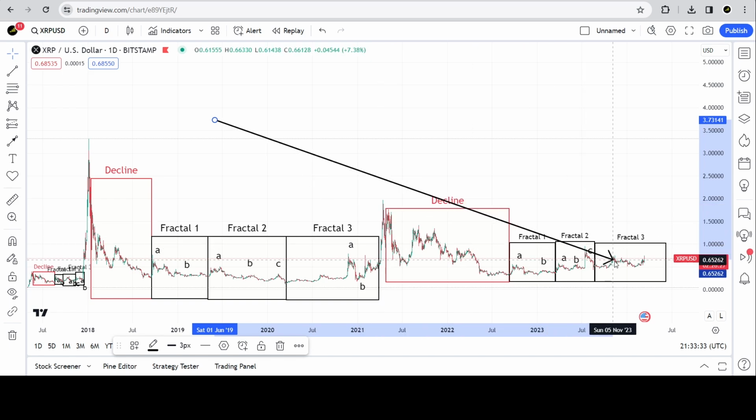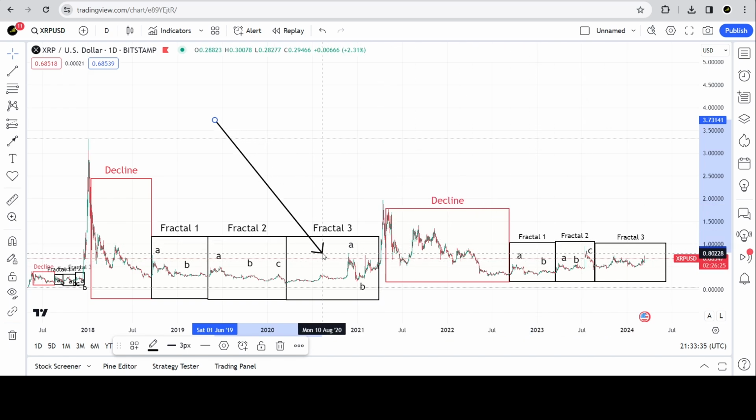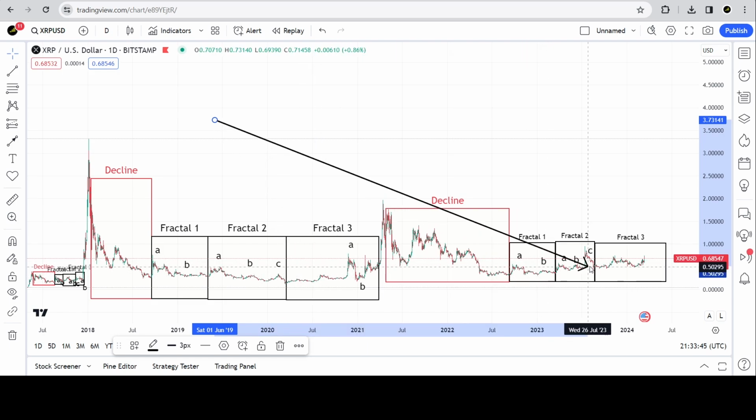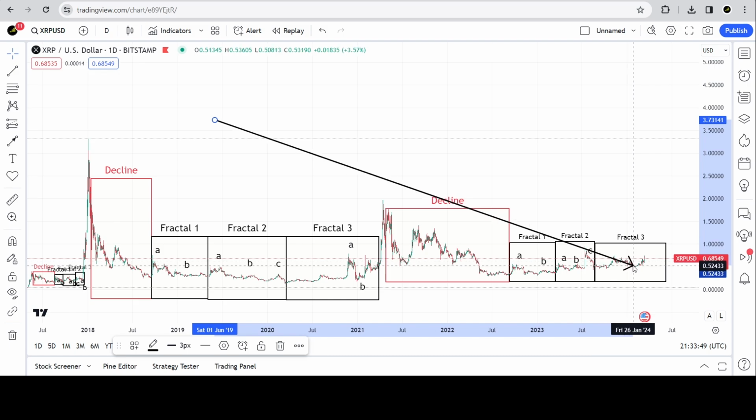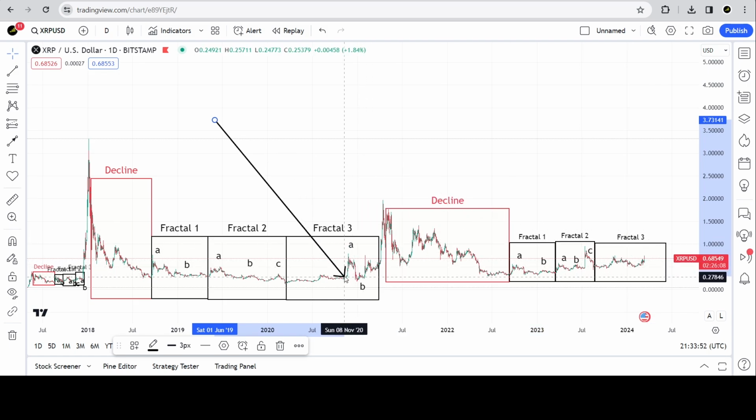So over here, it is my belief that we have been following this iteration of Fractal 3 the closest. This Fractal 3 includes this bounce right here, or this first wave, this second wave. So we have completed this first wave right here, this second wave right here, and this is the part right here where price aggressively moves up and then back down again that I am calling the great fake out.